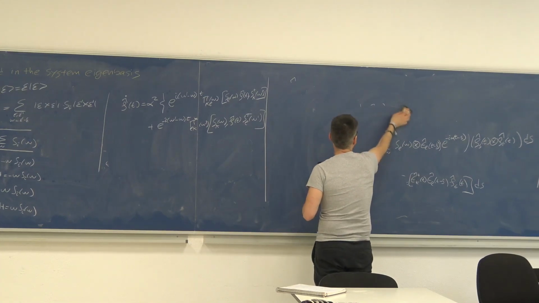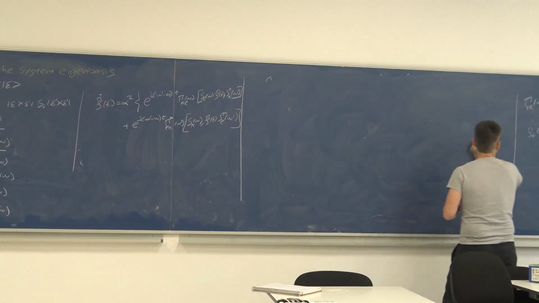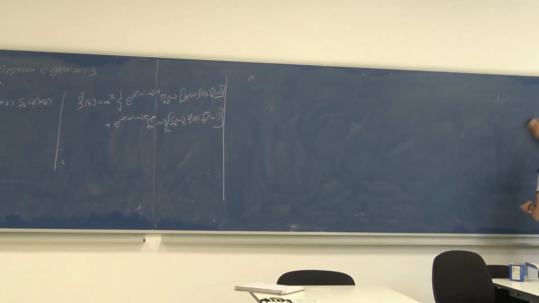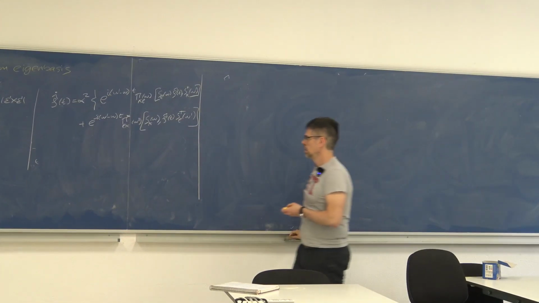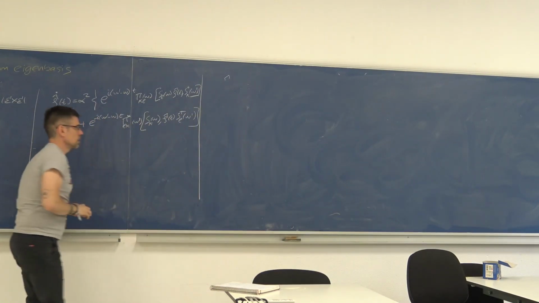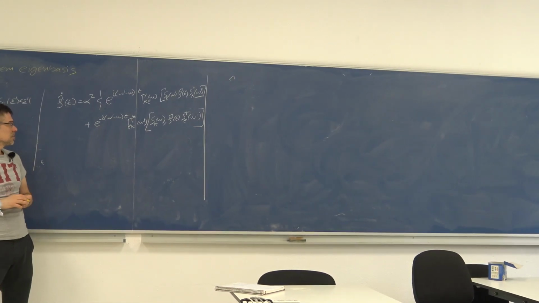You can see that up to now, it's only math. It's only calculation with no physical assumptions, and not very difficult calculations. The only thing is to work with the commutators and so on.